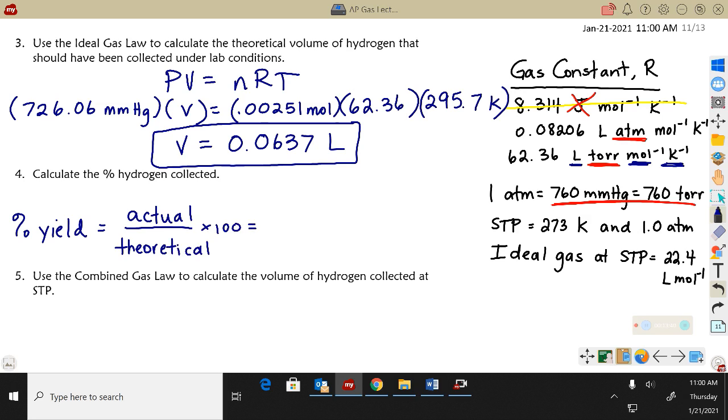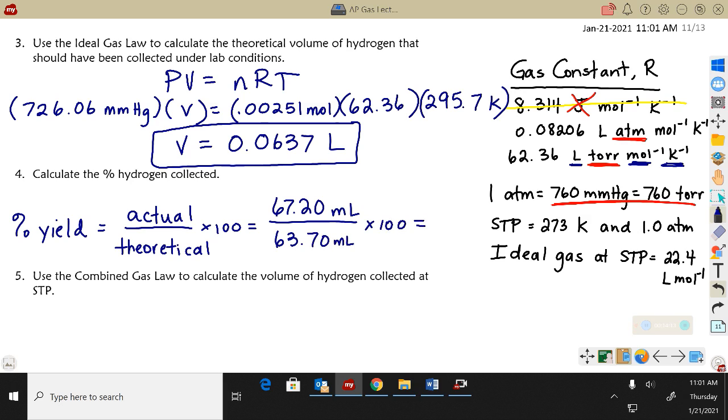This is the actual volume that we collected, 67.20. Now that was in milliliters. The theoretical is what I just calculated. Now it was calculated in liters, and so when you do this percent yield, as long as you're using the same unit, it really doesn't matter which. So I could just take that as 63.7 milliliters.